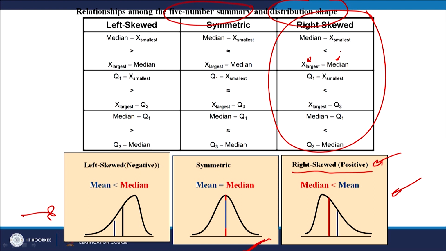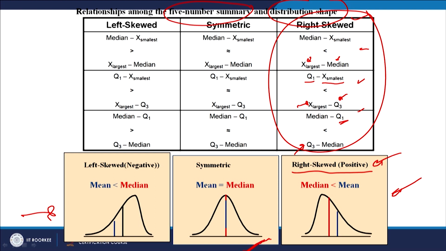The second relationship is Q1 minus smallest value, which will always be less than or equal to largest value minus Q3. The third one is median minus Q1 will always be less than Q3 minus median. So, these are 3 relationships for a right skewed distribution.